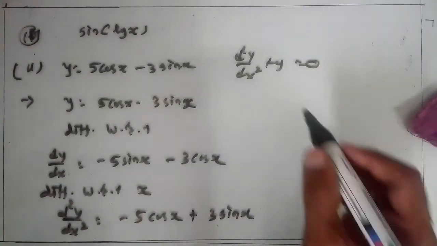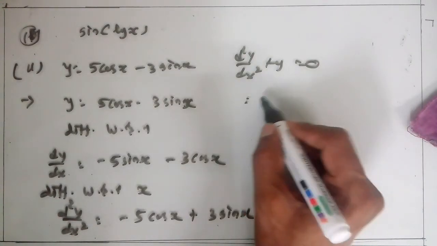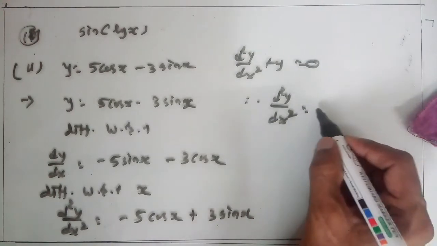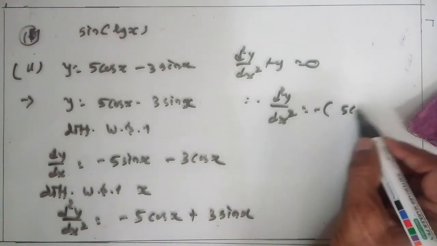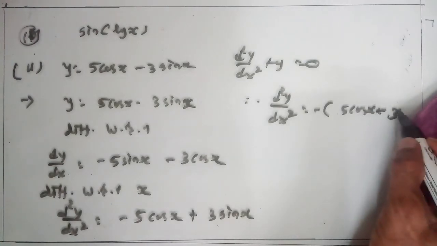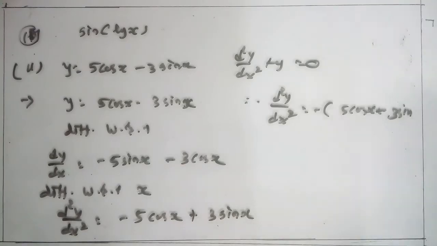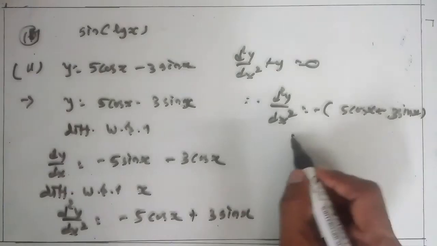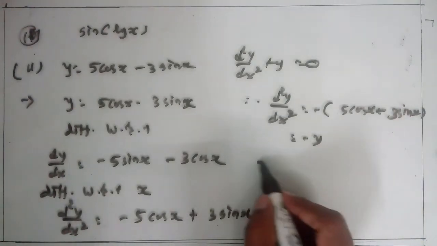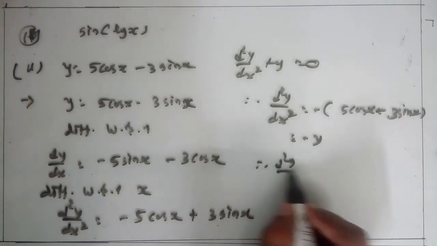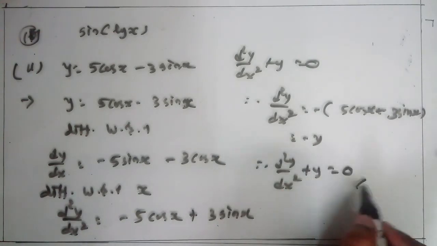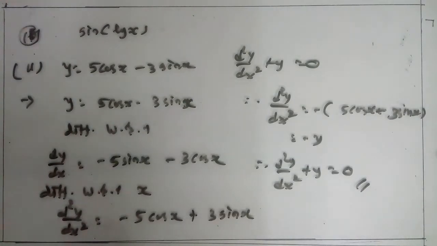Now take minus common from this, so we get d square y by dx square is equal to minus into bracket 5 cos x minus 3 sin x. Clear? So it is equal to minus y, you know that. Therefore d square y by dx square, taking this to the other side, plus y is equal to 0. Clear? Hence proved.